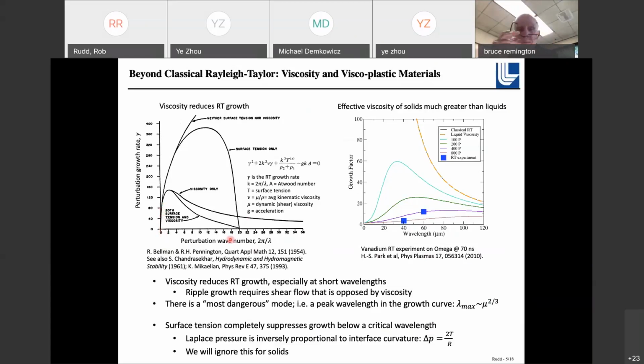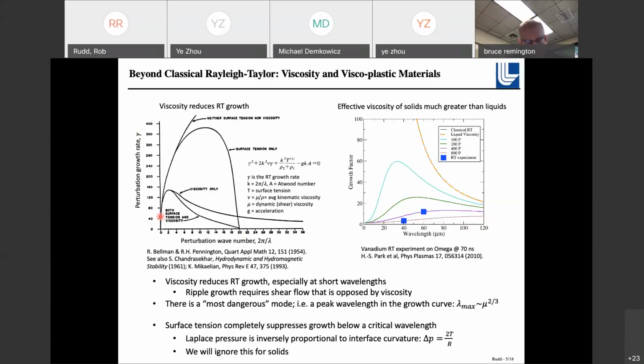And so, for example, in this plot of wave number versus the growth rate, for the viscous curve, you see that at long wavelengths, so that small wave number, you get this kind of classical suppression of the growth.